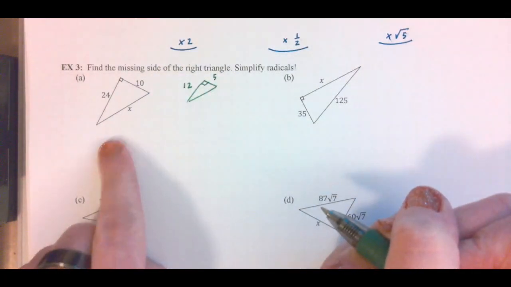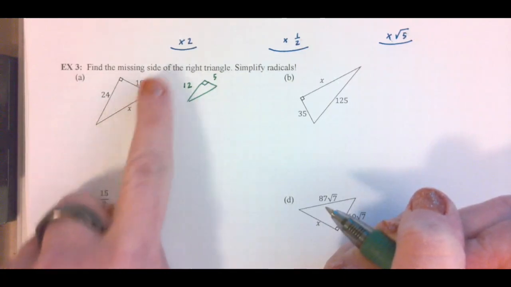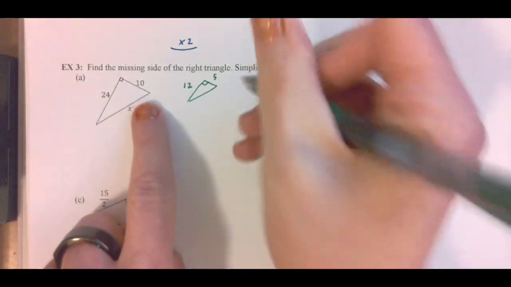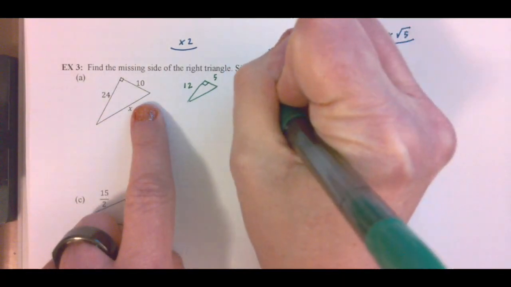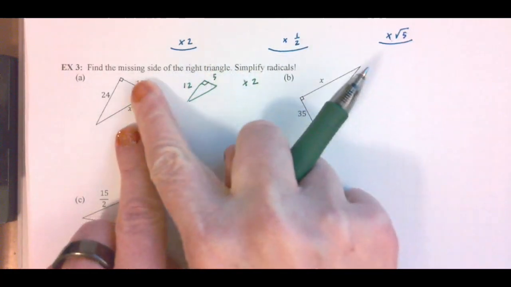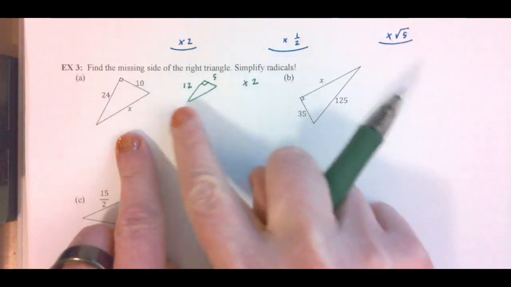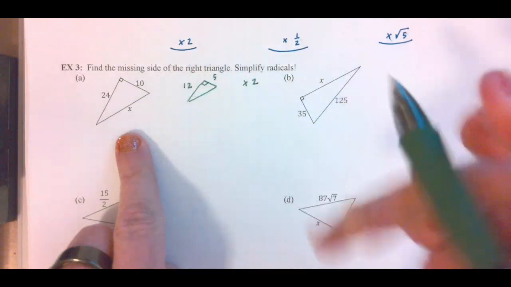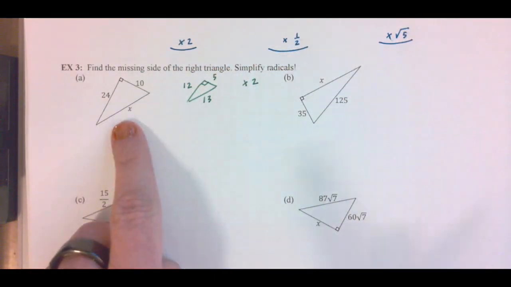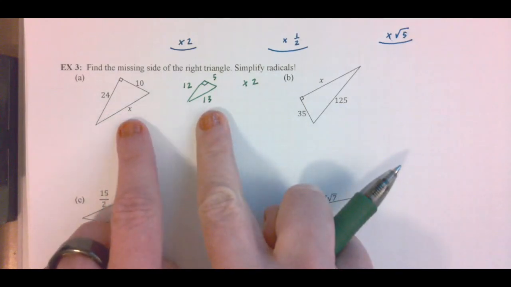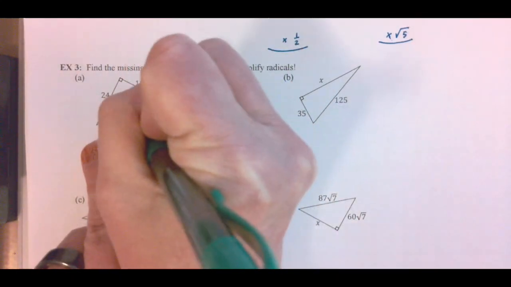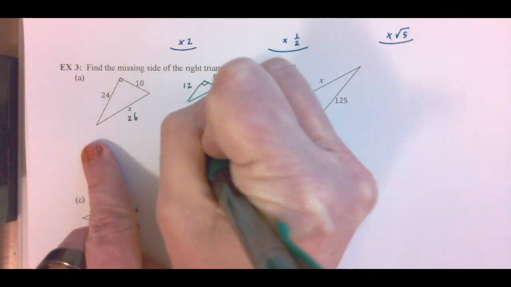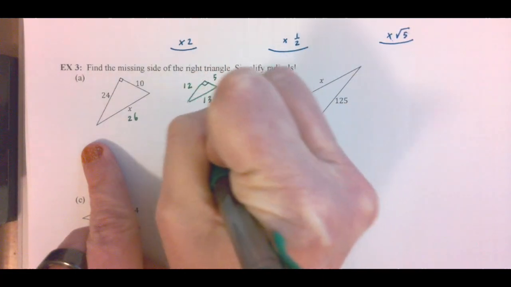Then I can see that to grow back into this triangle, I just have to apply that multiplier of 2, right? 5 times 2, 12 times 2. And I recognize that this is the common triple of 5, 12, 13. So if I want x, I have to double that 13 to get to 26. X is 26.